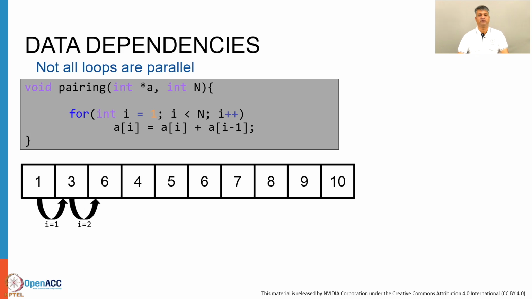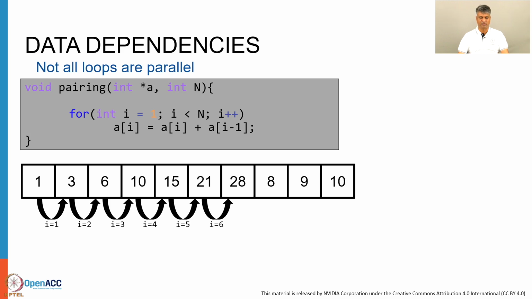Then the third element will be modified to 6, then 10. In the fourth iteration, it will become 15. Fifth iteration will become 21. Sixth iteration will be 28. Seventh iteration will be 36. Eighth iteration 45. And ninth iteration finally 55.